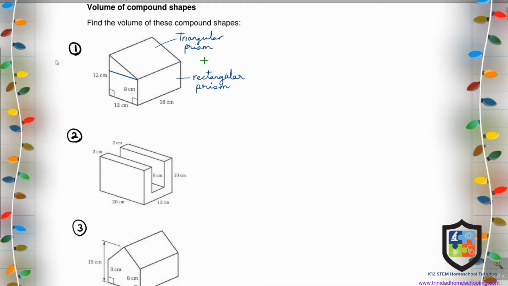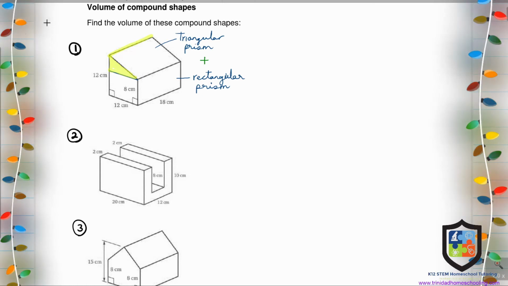So what do we need to find the volume of a triangular prism? What is the formula? Well, on the last page, we said we need to find the area of the cross section, this face, the triangular face, and then multiply it by the length.